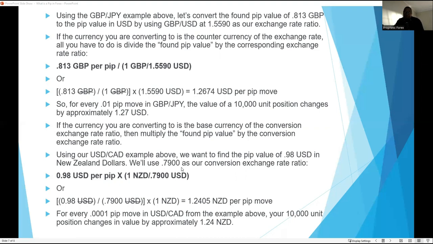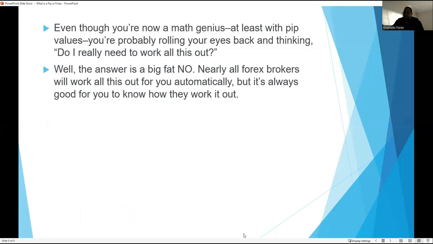If you're actually trading in the US dollar, we are able to find out exactly per interval how much it will be, and we can see that it is simply 1.2405.